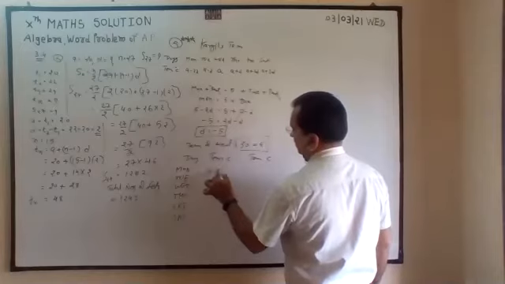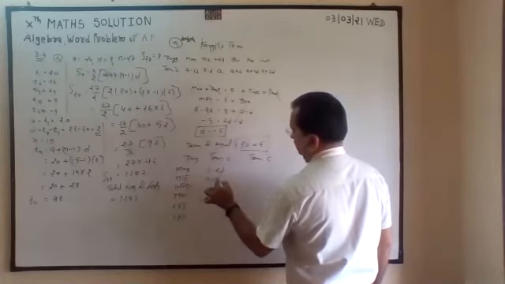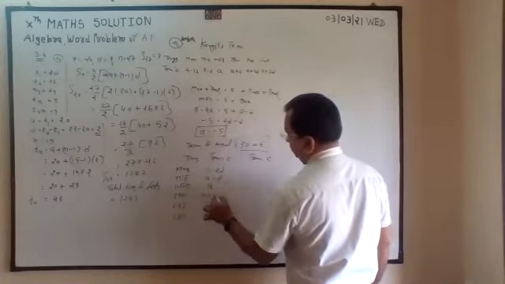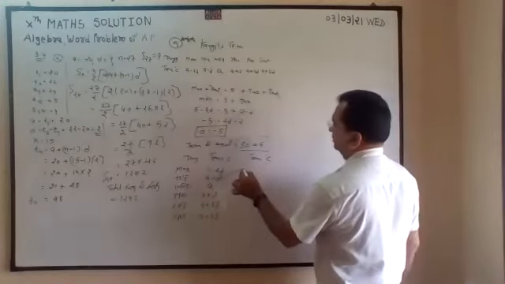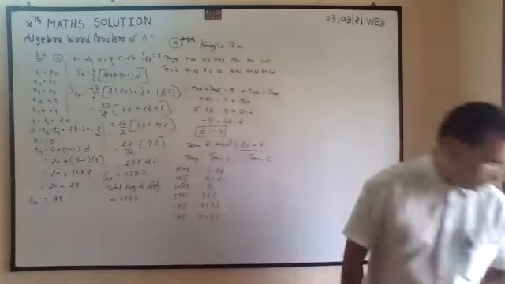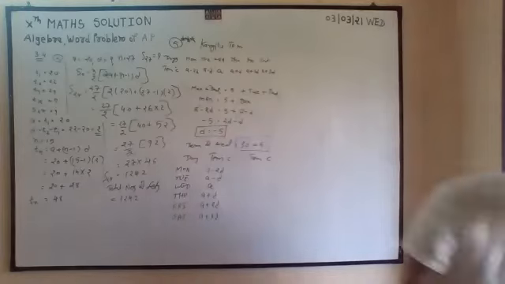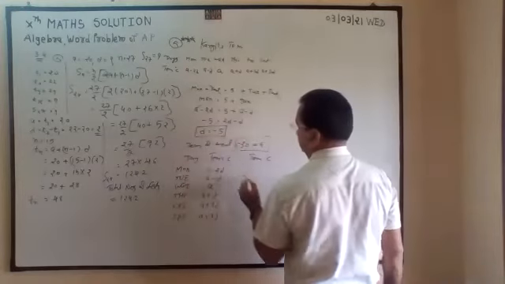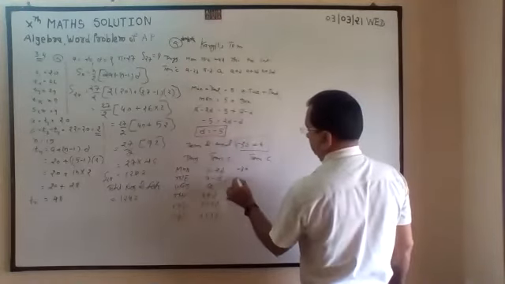This is A minus 2D, A minus D, A, A plus D, A plus 2D, A plus 3D. All A are 30. Sorry, minus 30 degrees it is given. Minus 30.